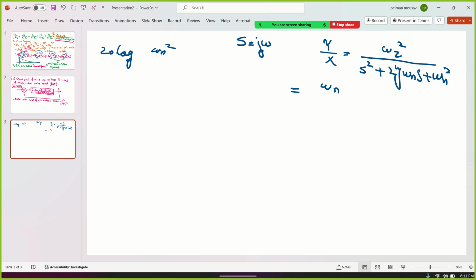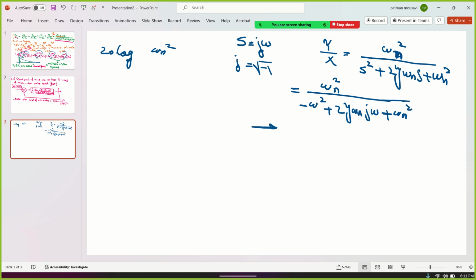Then s squared becomes minus omega squared, because j is the square root of minus 1, plus 2 zeta omega n j omega plus omega n squared.